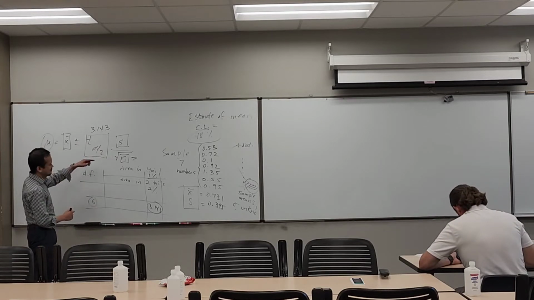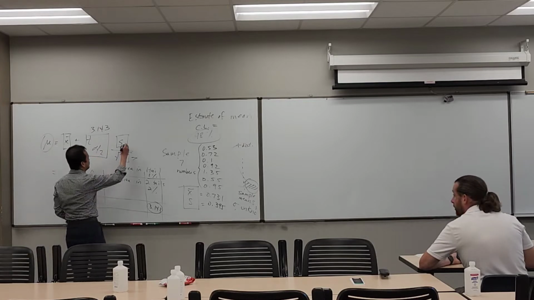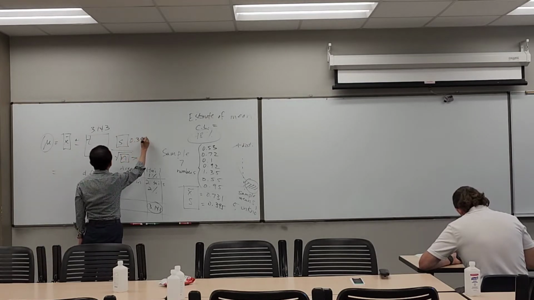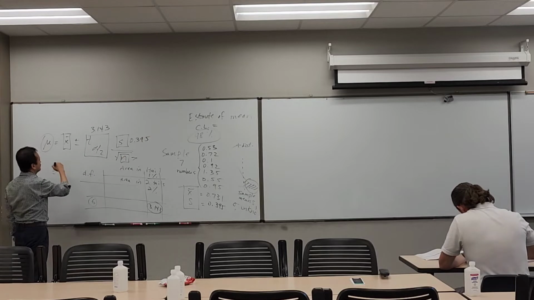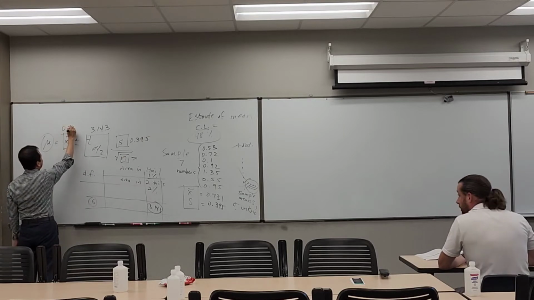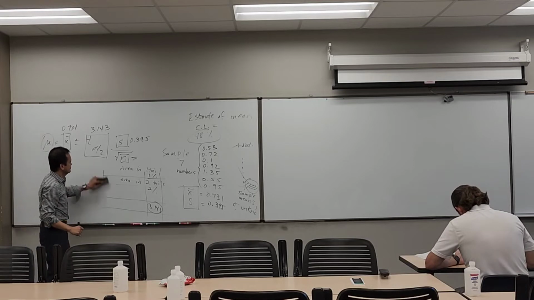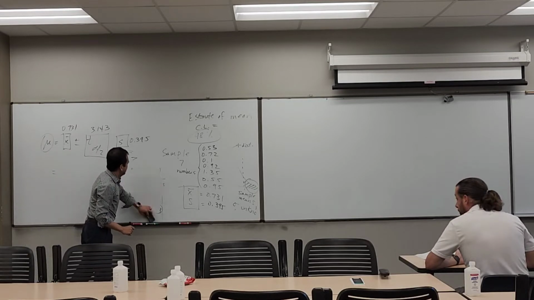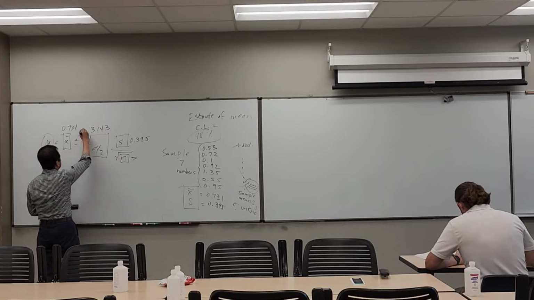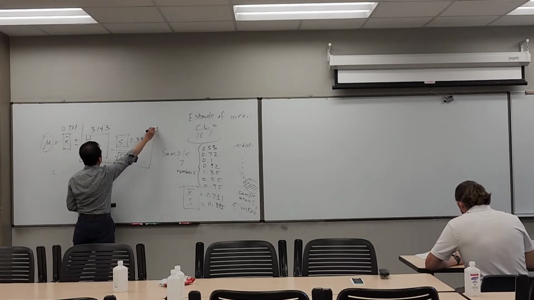Okay, so s will be 0.395, x bar will be 0.731. And so let's punch this in, and let's punch in the thing after the plus or minus first, the margin of error.